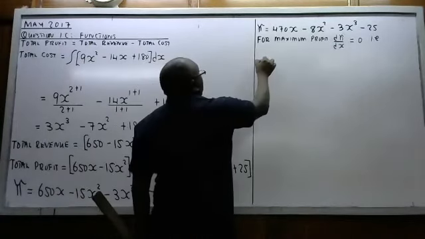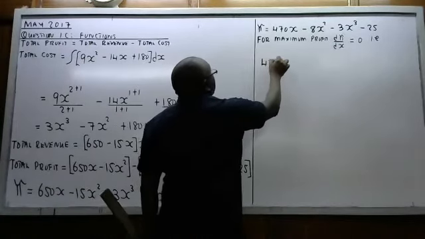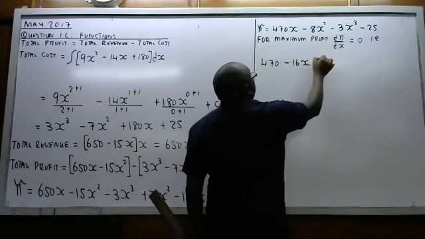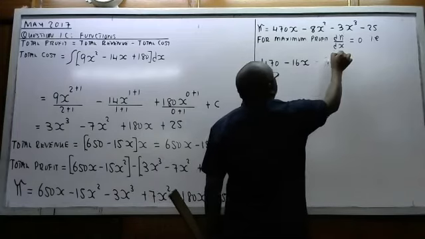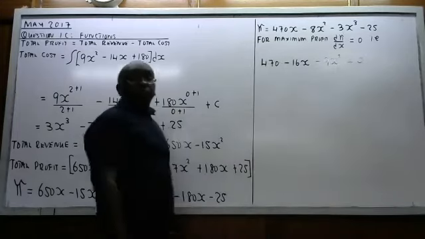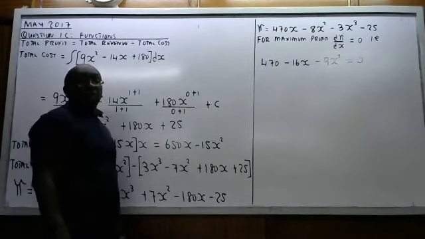That is, 470 minus 16x minus 9x squared is 0.